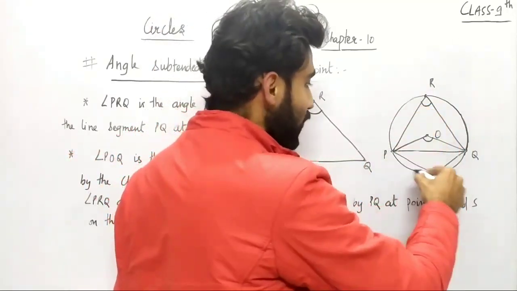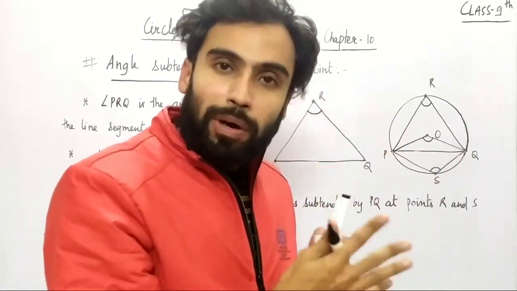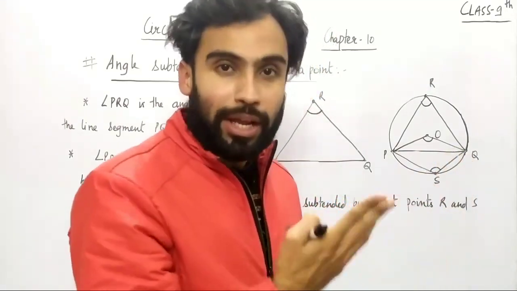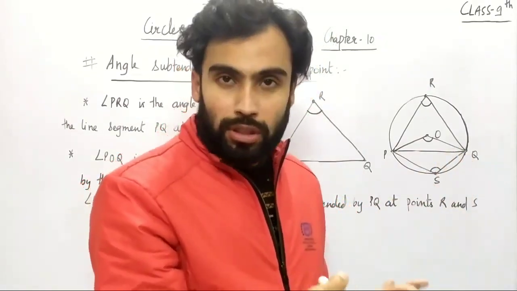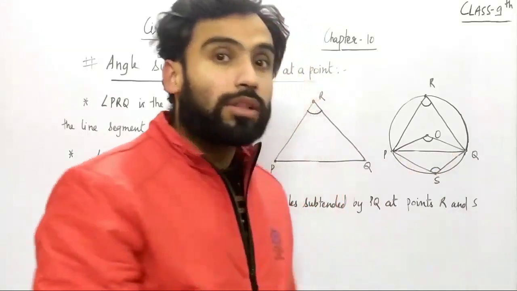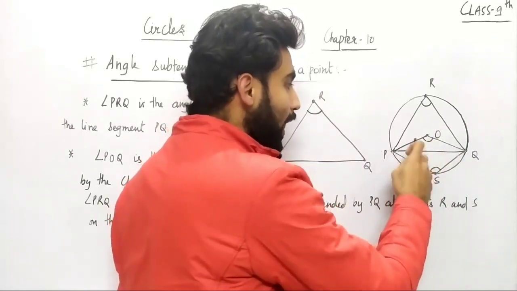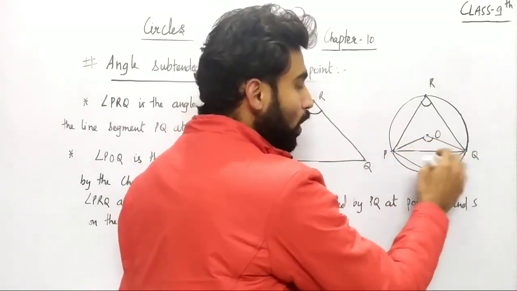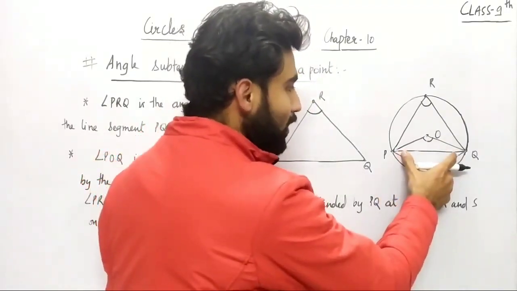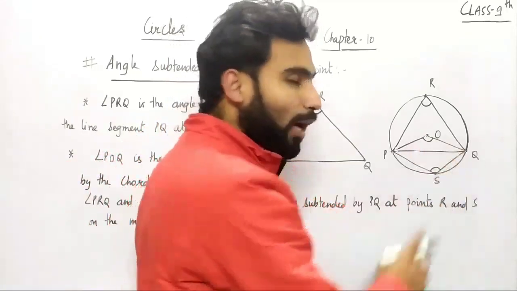When we join any two points lying on the circumference of the circle, that line segment is known as a chord. Now this chord PQ subtends angle POQ at the center of the circle.